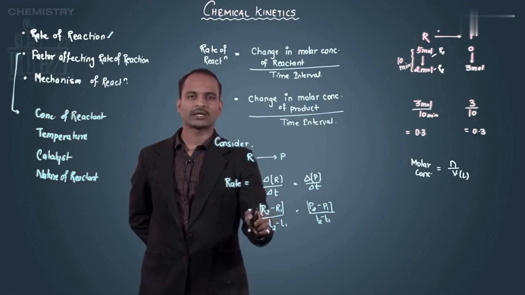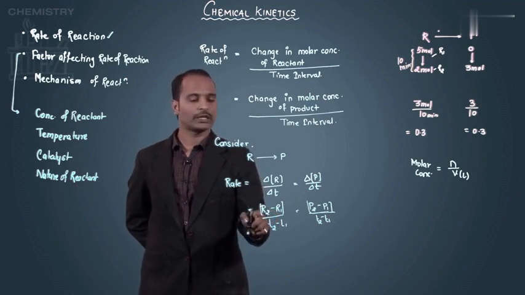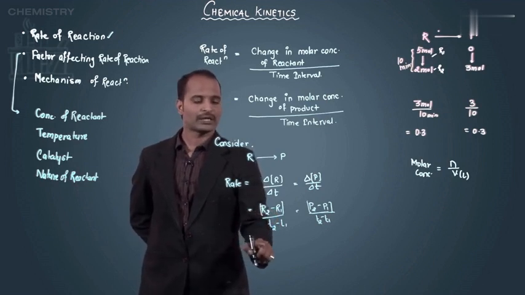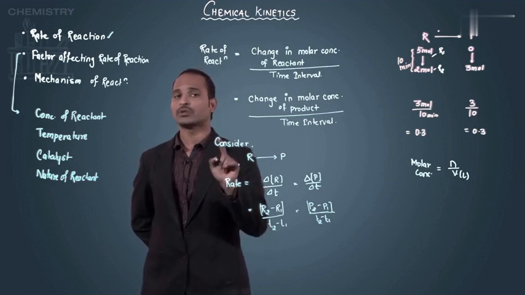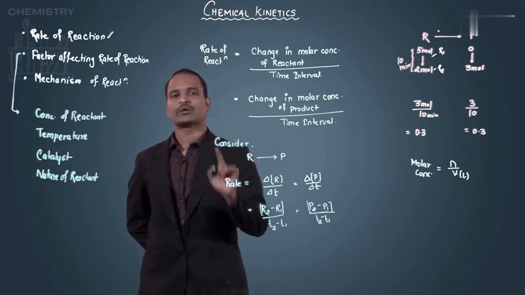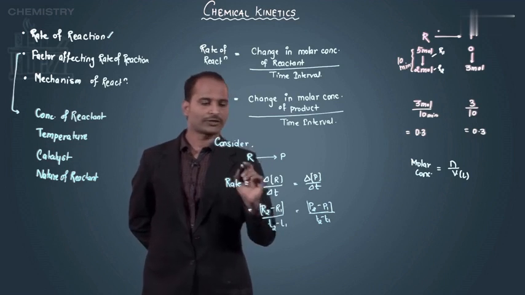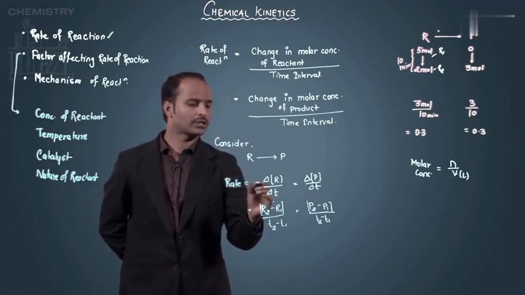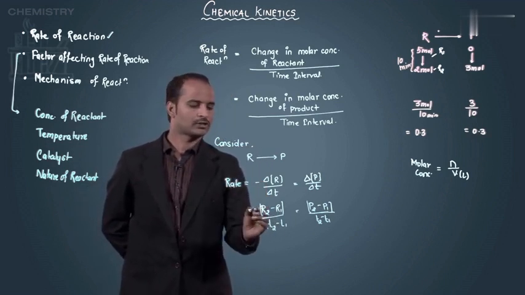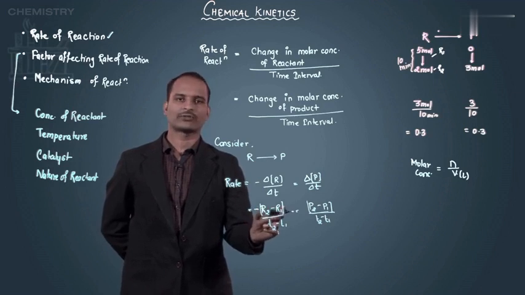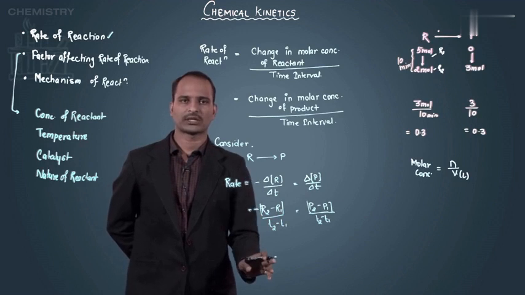So R1 is bigger and R2 is smaller, and the answer is going to be negative. Means my final rate of reaction will be negative, which should not happen. The rate or the speed is always positive. So to make it positive, I'm using a minus sign here. Inside the bracket, whatever term I get is negative, but with this negative sign the answer is finally positive.